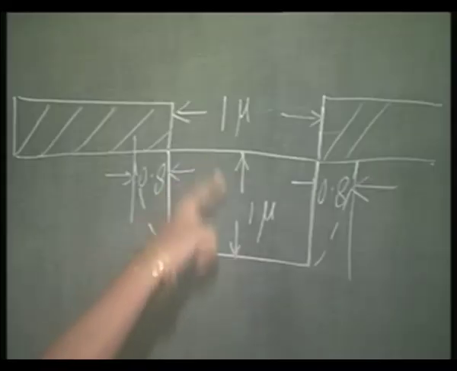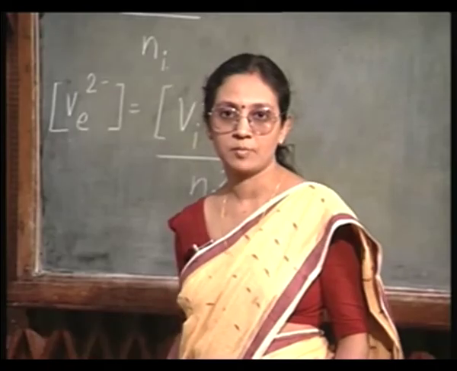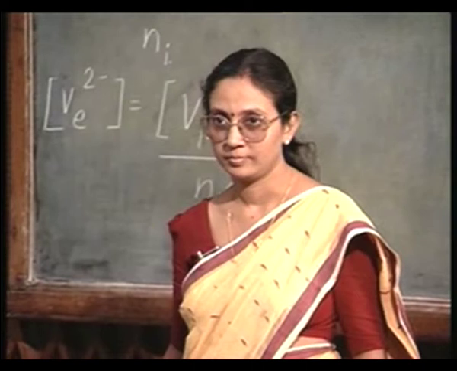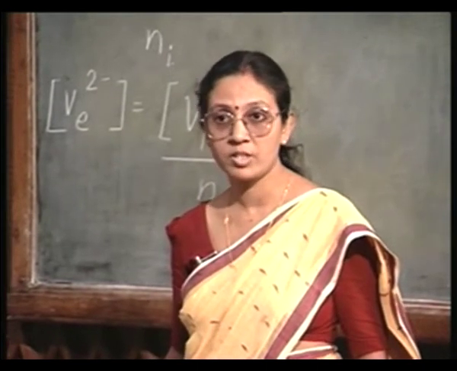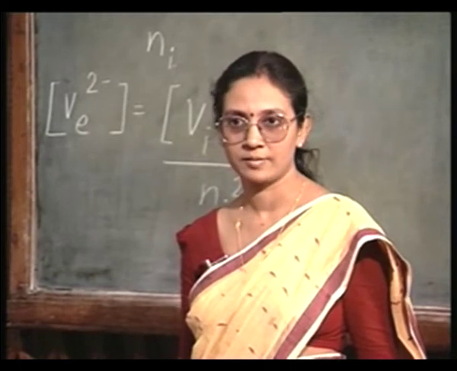And obviously, the deeper the junction depth is, the more will be the spread. If instead of 1 micron, it is 10 micron, this 1 micron window does not have any meaning at all, because your diffused region will be something like 17 micron. So, if you want to have deeper junctions, they must also be widely spaced.